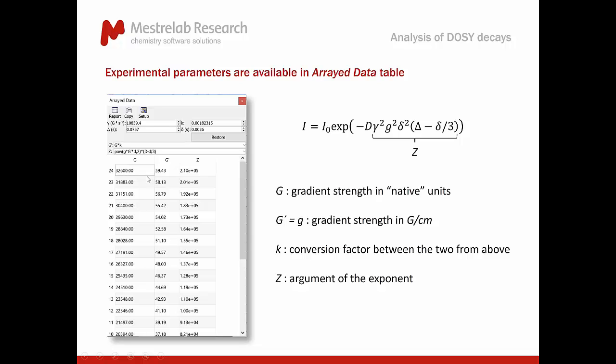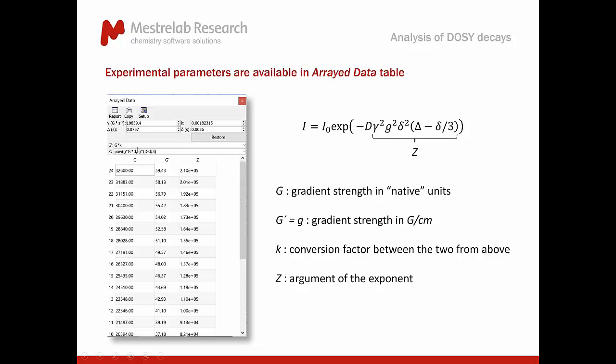The units can be physical units like Gauss per meter or Gauss per centimeter, but in some cases they can be completely arbitrary units, like digital-to-analog converter units, as in this case. This value is taken from Varian data, and these are just integer numbers which somehow have to be converted into meaningful units like Gauss per centimeter, and you need a conversion factor.